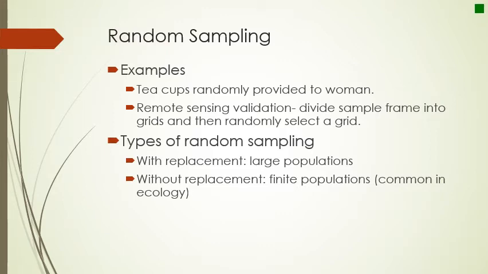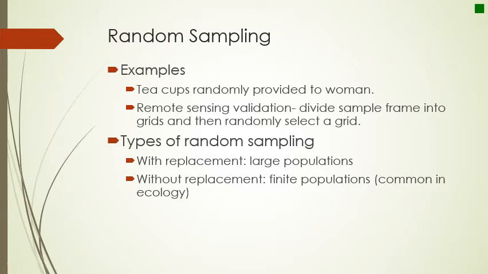Again, in remote sensing, verification of forest vegetation classification, we often divide our area up into a grid and then randomly select plots from that grid to go out and actually sample. Again, assuming that we aren't biasing it by only collecting those samples near a road, each grid cell must have an equal probability of being selected in order for that sample to be truly random.